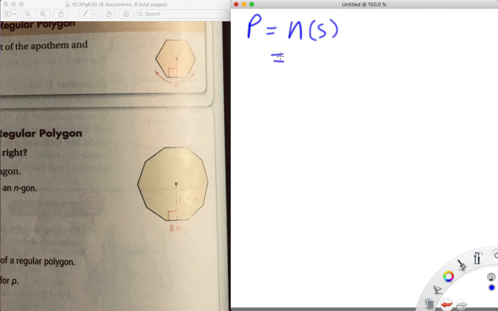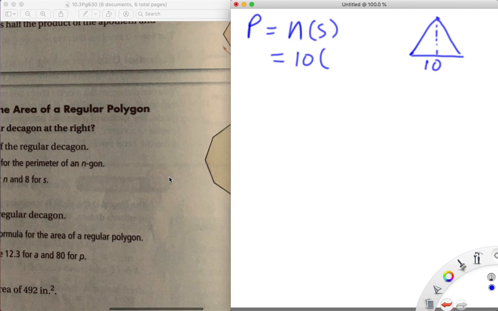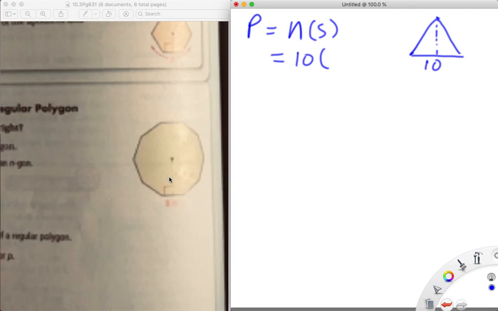Here's our triangle. What is the apothem? 12.3?